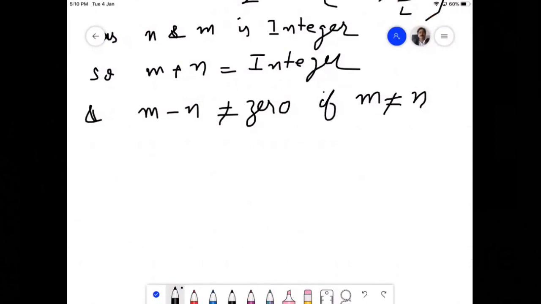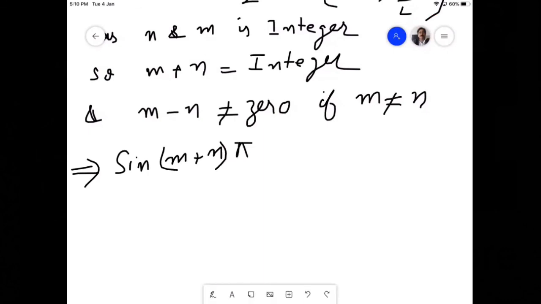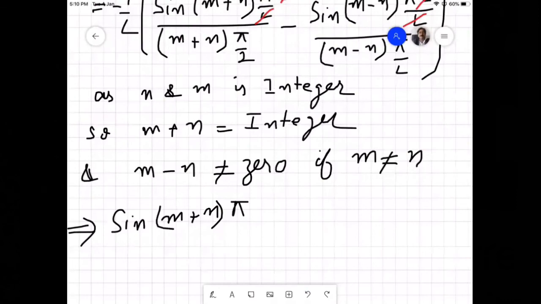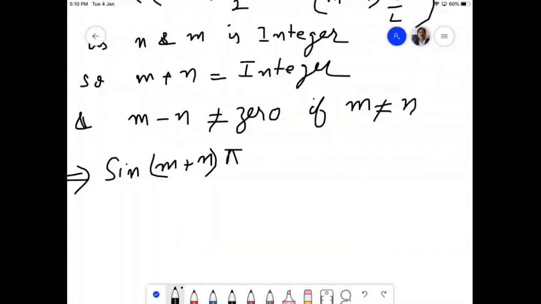This implies that sine (m plus n) pi will equal 0, and similarly sine (m minus n) pi, both will be 0.